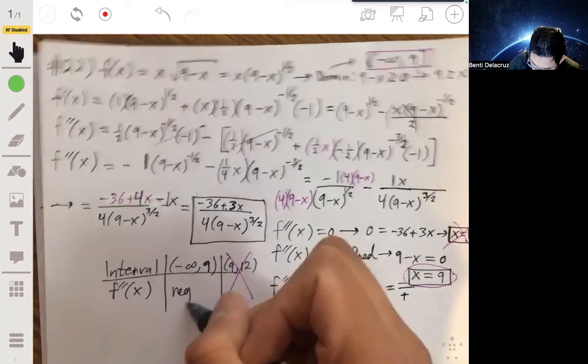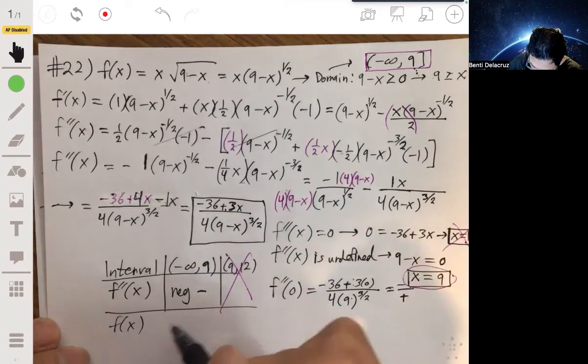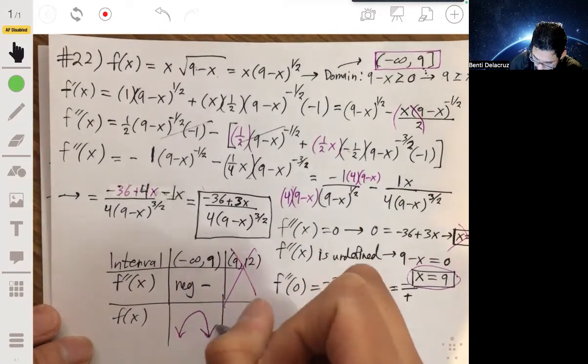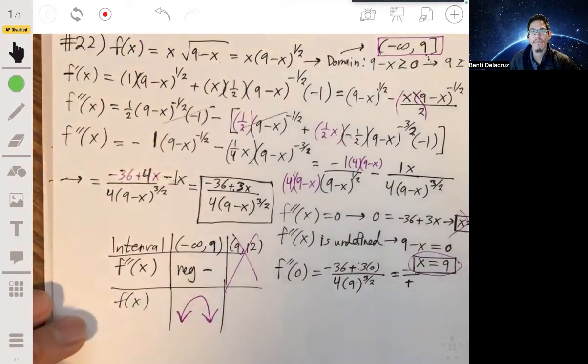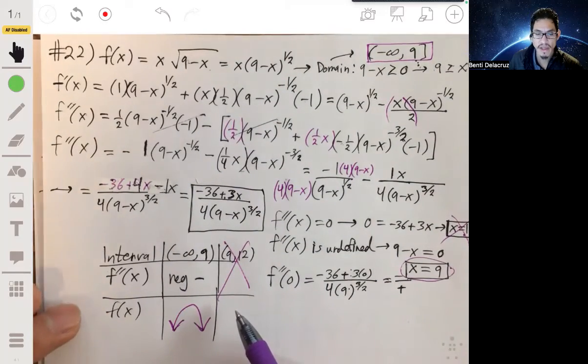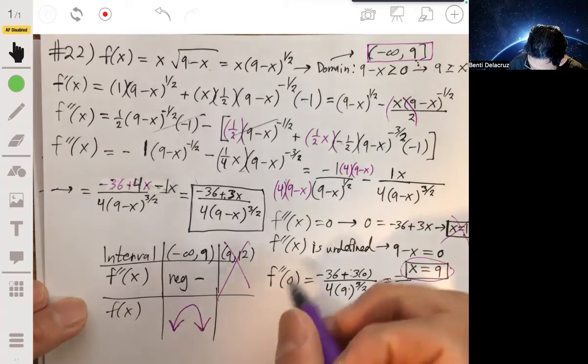So if it's negative, then we know that the graph of f of x is going to be concave down. So then we can just say the graph of f of x is concave down on its domain.